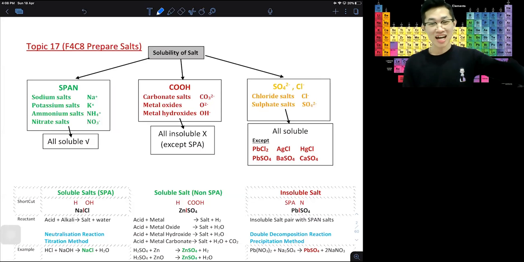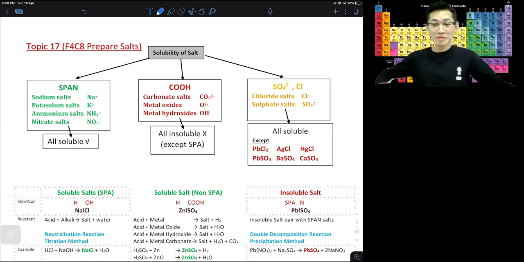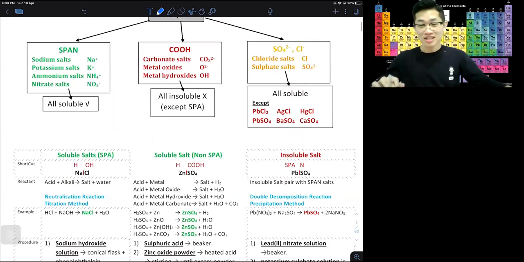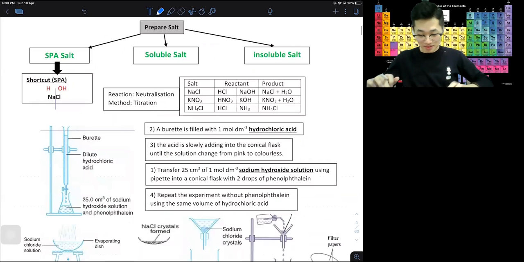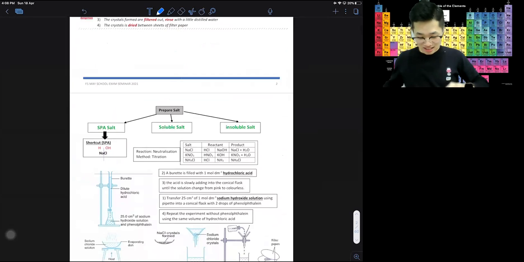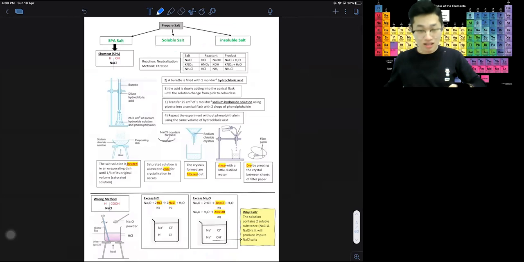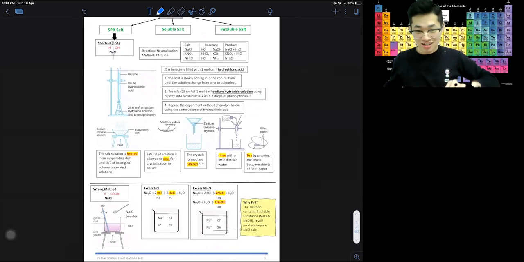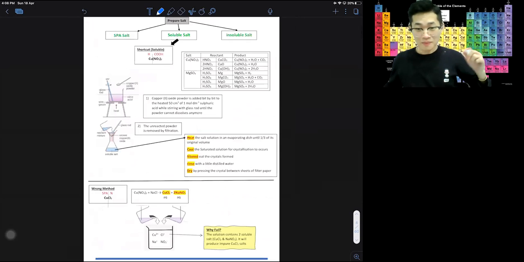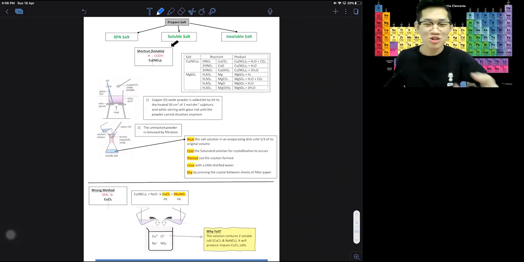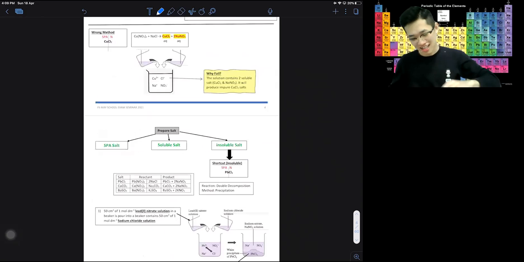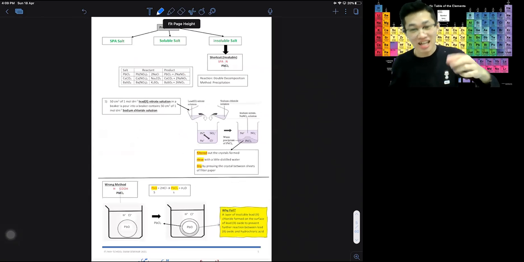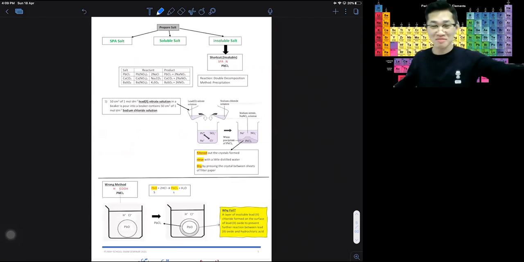Wait, which page? This one. Screenshot. Why don't you fill up the form and let them send it to your house? You have a BM one.